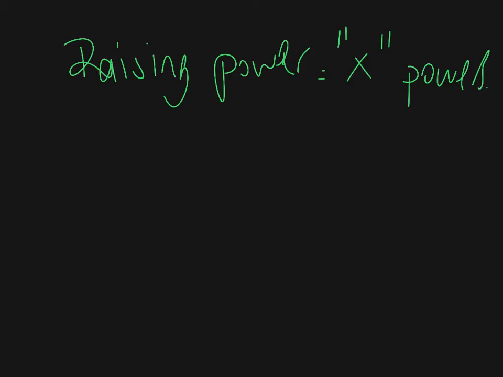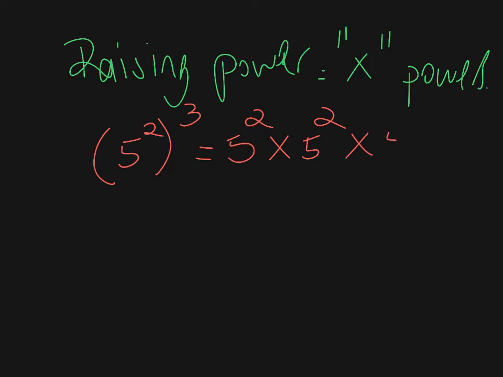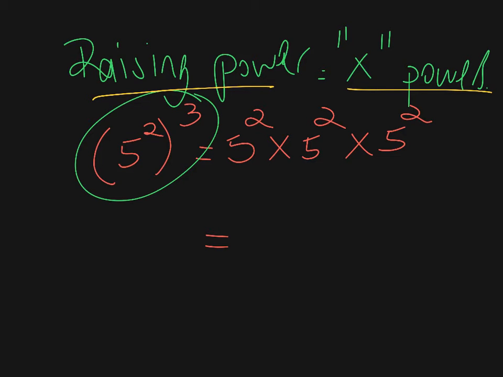Okay, so for example, let's say we had 5 to the power of 2, close brackets to the power of 3. So to expand it, we know that we could write 5 to the power of 2 by 5 to the power of 2 by 5 to the power of 2. And that would be correct. However, we can have a shortcut, and rather than expanding it, we can go straight to simplifying this. We know that when we're raising powers, we multiply the powers.